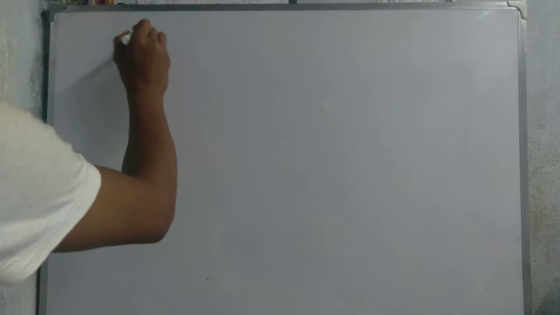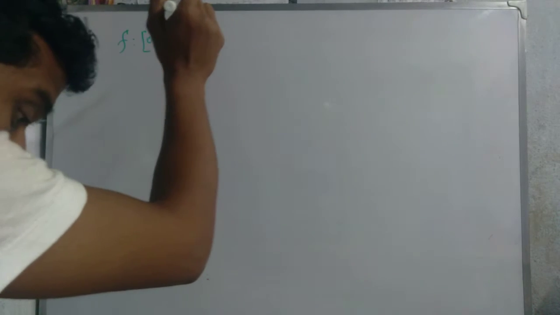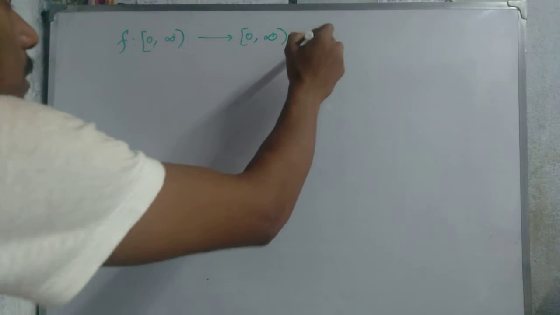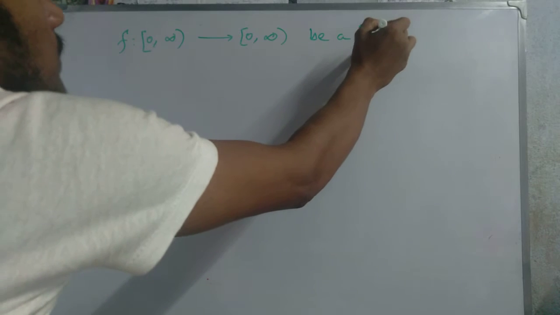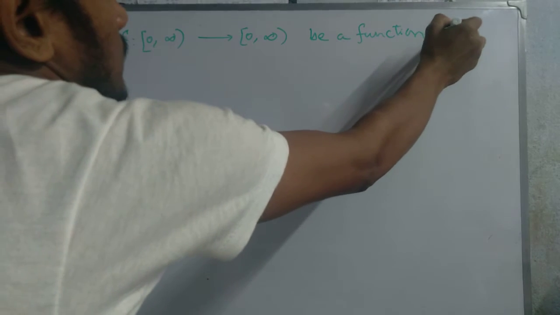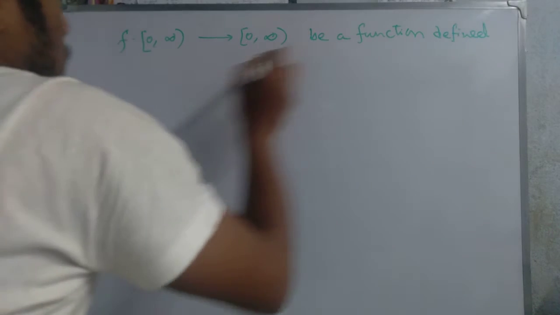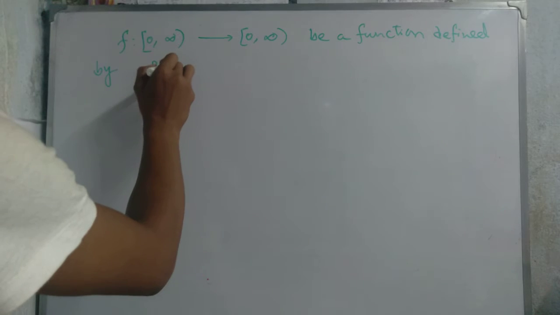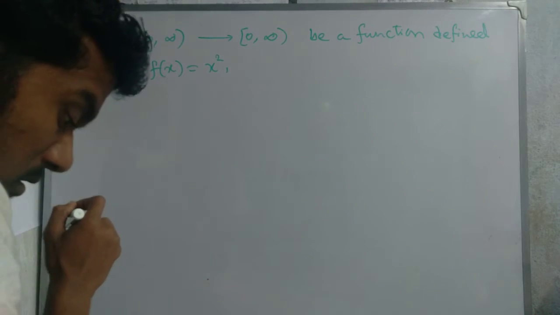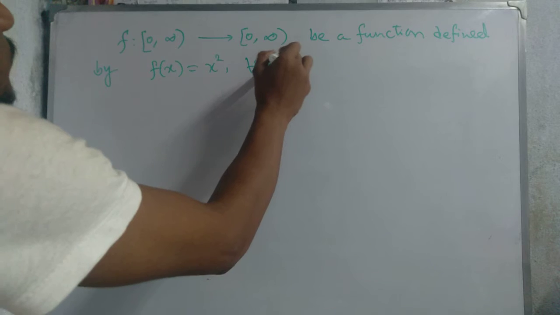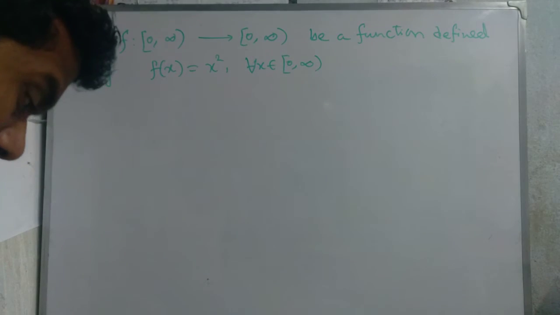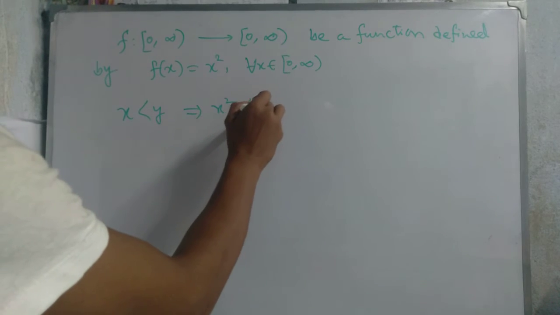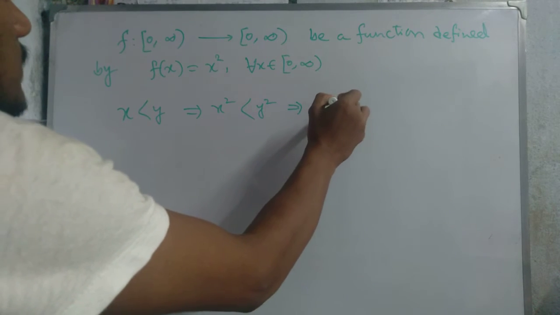Here let f from [0, infinity) to [0, infinity) be a function defined by f(x) equal to x square for all x belonging to [0, infinity). Then x less than y implies x square less than y square, which implies f(x) less than f(y).